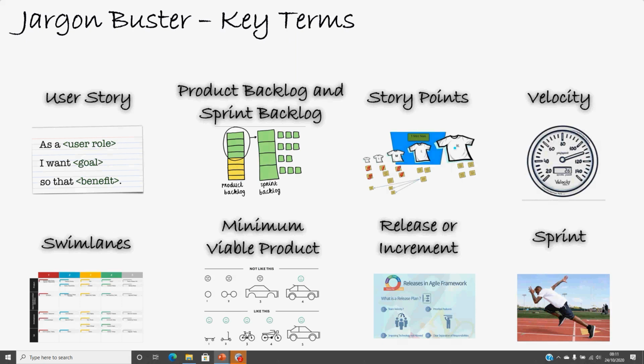Then the next one is called backlogs. There are two types of backlogs. One is a product backlog and the other is a sprint backlog. For instance, we are developing a word processing software, something like Microsoft Word.